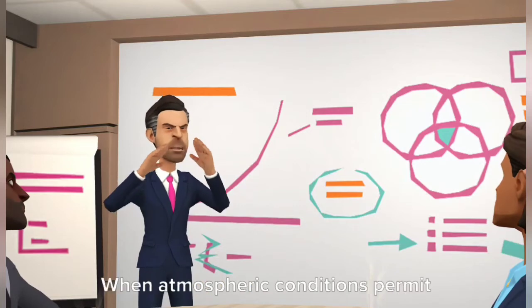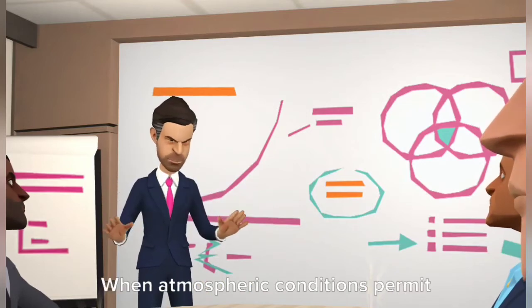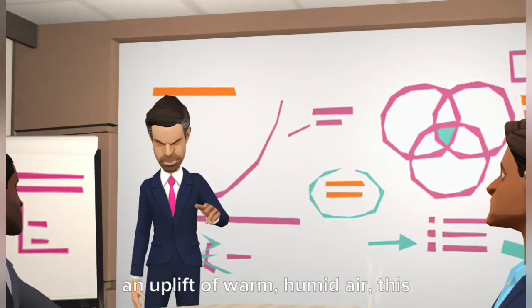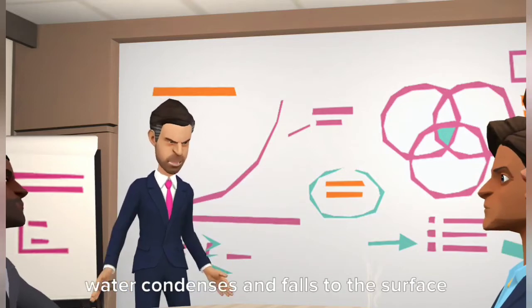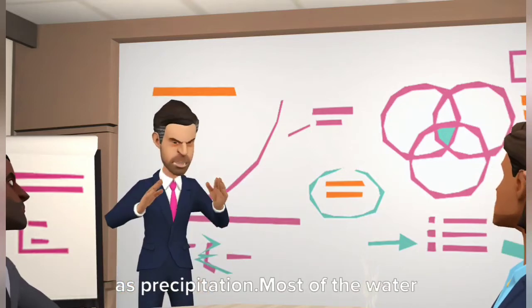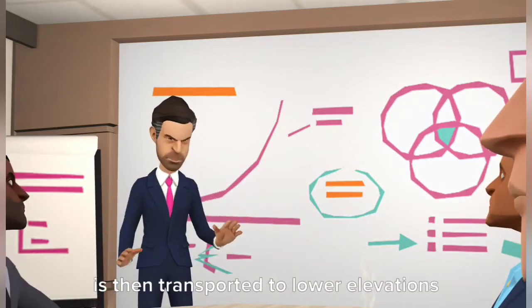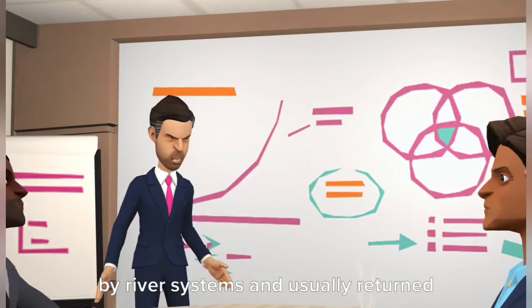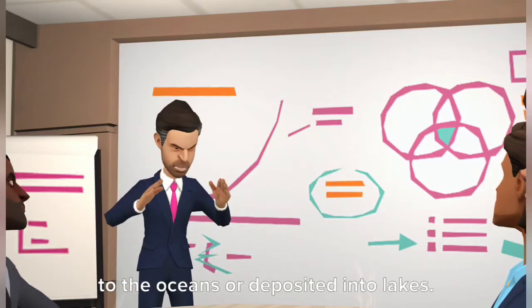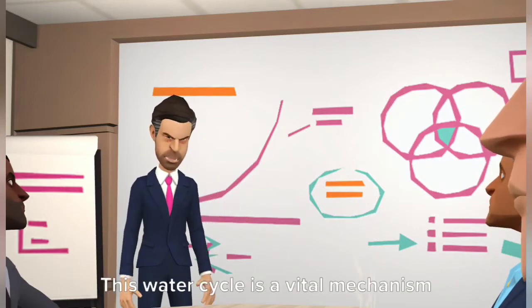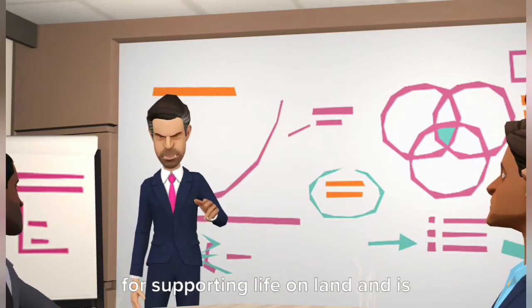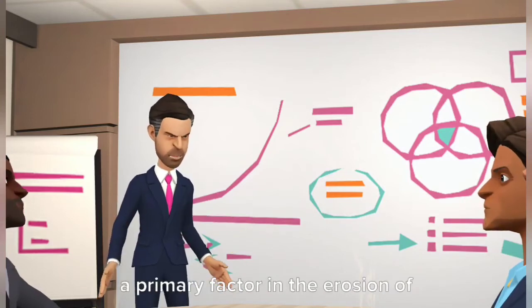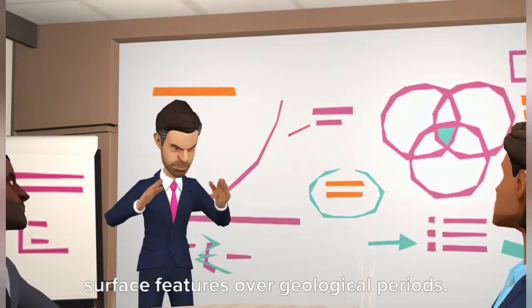When atmospheric conditions permit an uplift of warm, humid air, this water condenses and falls to the surface as precipitation. Most of the water is then transported to lower elevations by river systems and usually returned to the oceans or deposited into lakes. This water cycle is a vital mechanism for supporting life on land and is a primary factor in the erosion of surface features over geological periods.